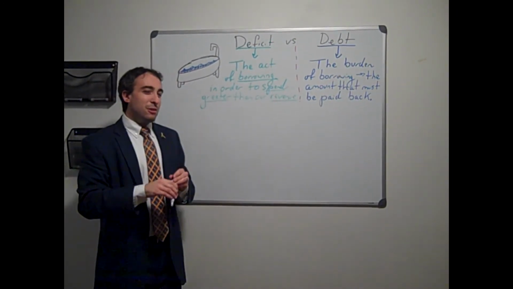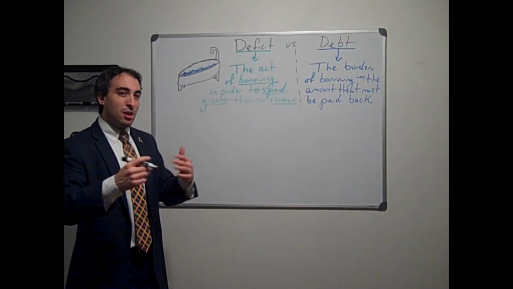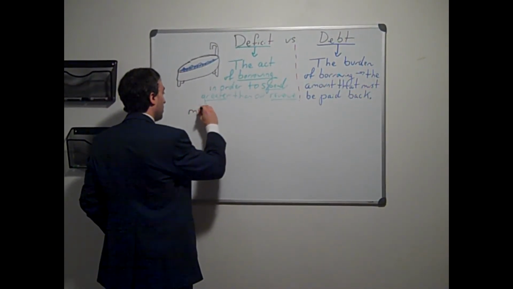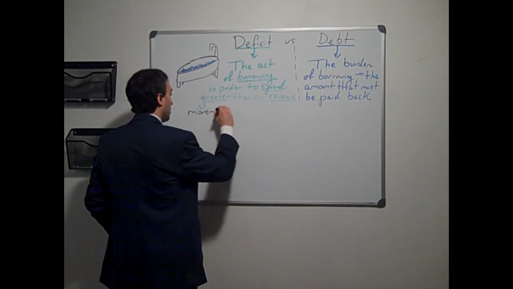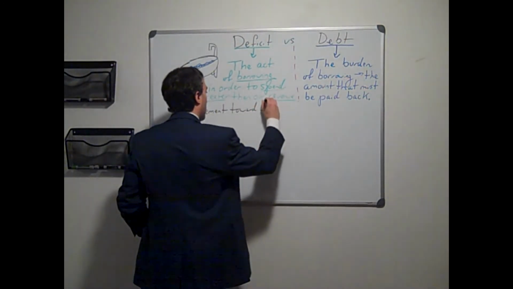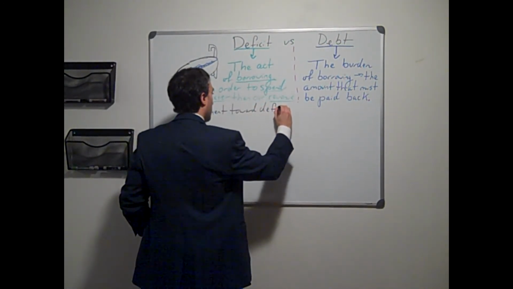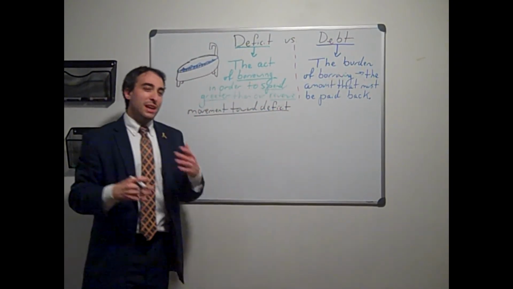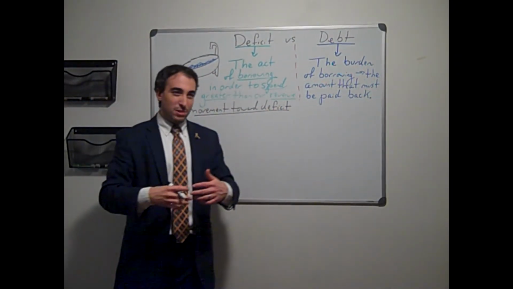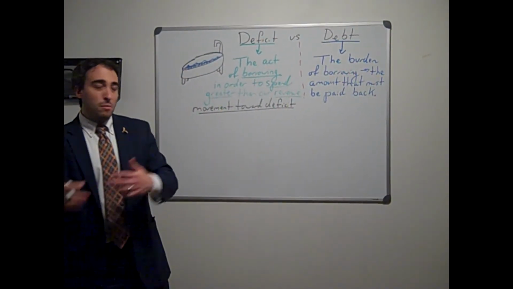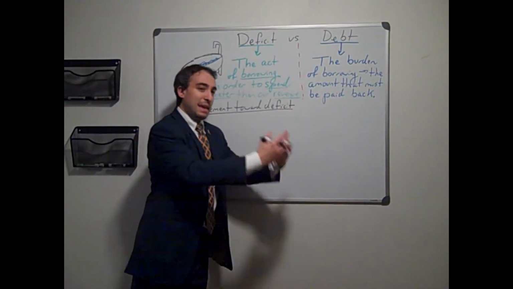It is not an increase or decrease in deficit, but a movement toward deficit, because you cannot actually increase or decrease a deficit. You can increase or decrease deficit spending, but it's a movement toward budget deficit.